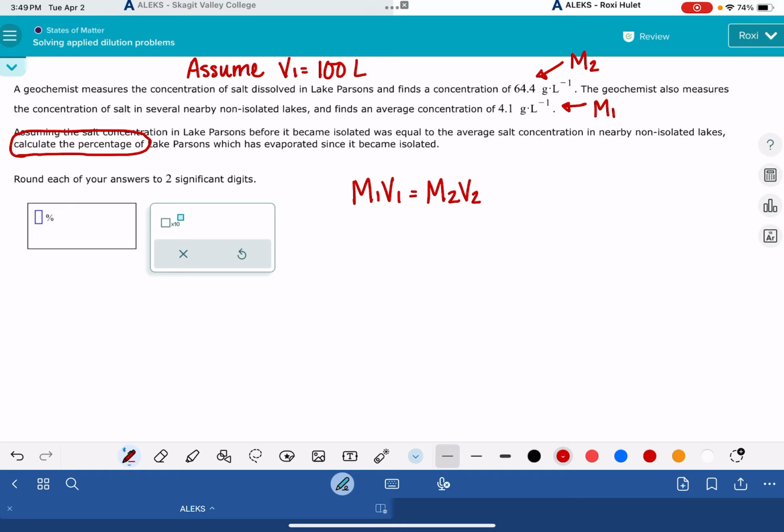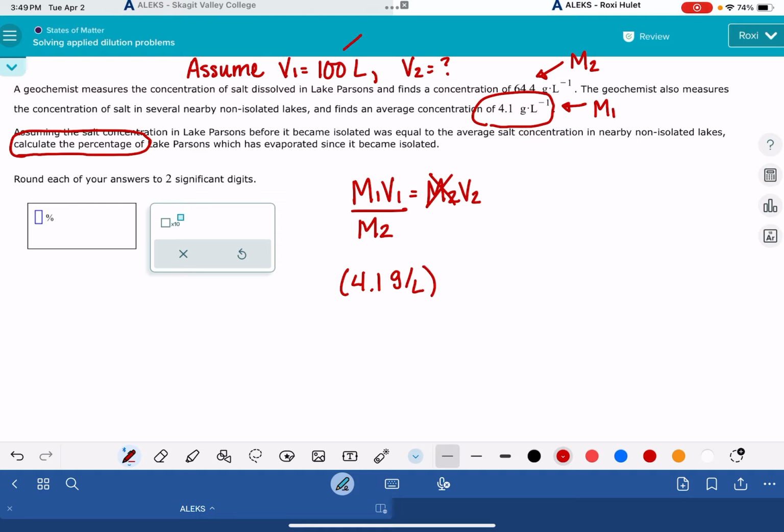Now what we need to do is figure out what our new volume is. So I've got to get everything assigned correctly. I'm trying to solve for V2, so that means I want to divide both sides of this equation by M2. My initial molarity is 4.1 grams per liter.